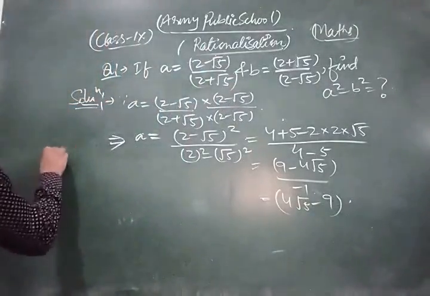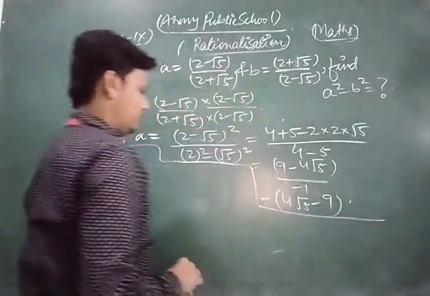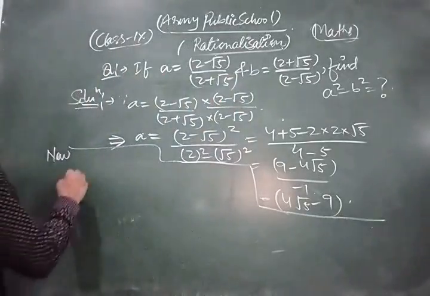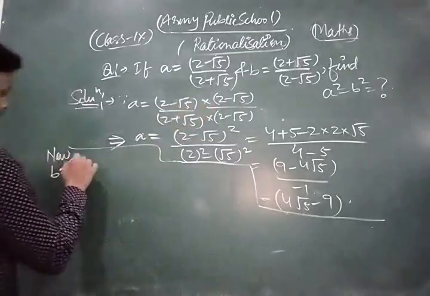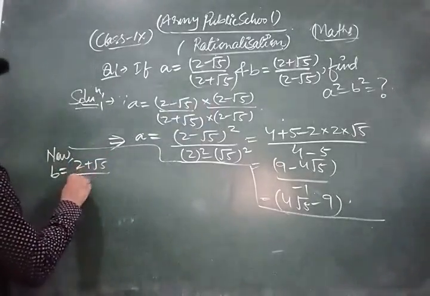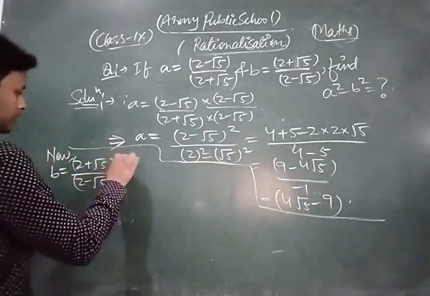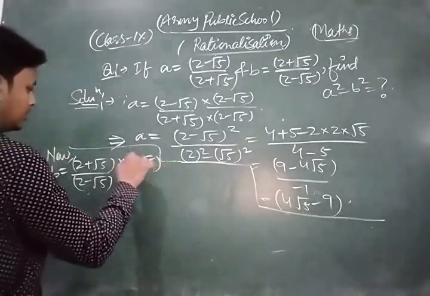Now the value of b is 2 plus root 5 upon 2 minus root 5. We multiply both the numerator and denominator by the conjugate, 2 plus under root 5.